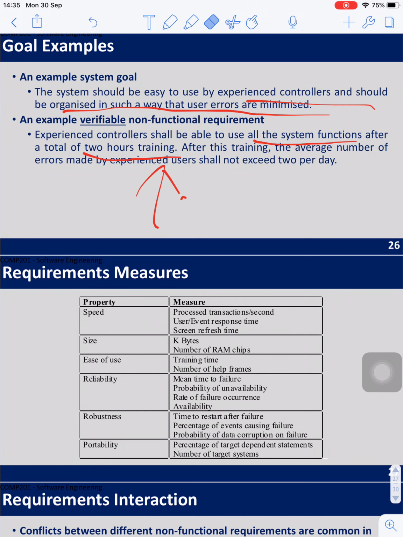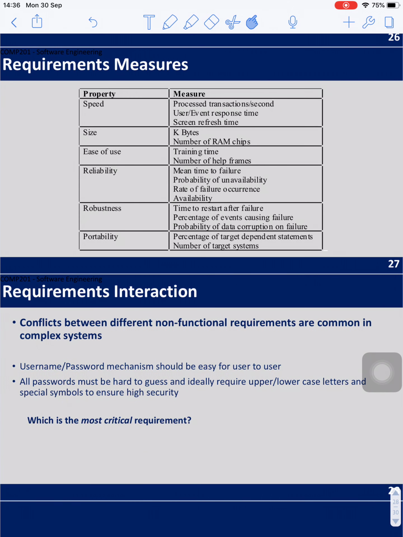We can have some kind of requirement measures. For speed, we can measure maybe the processed transaction time and user response time. For size, maybe gigabytes or number of ROM chips. For ease of use, the training time and the number of help frames.